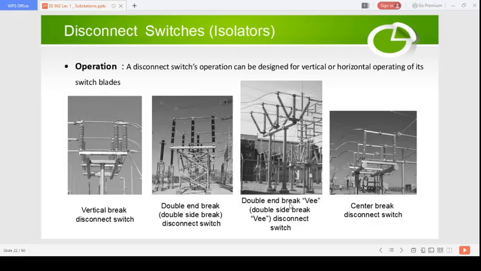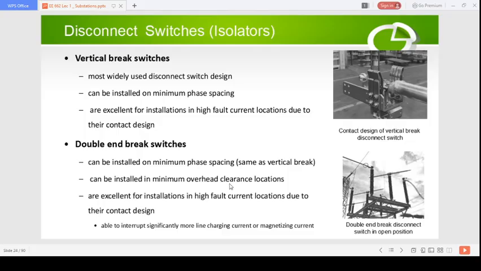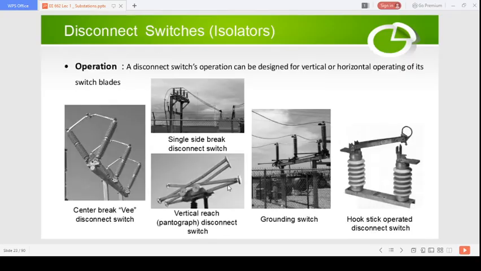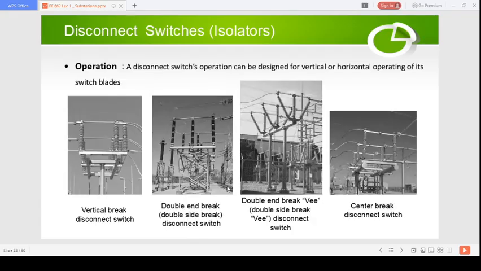Okay, and then you have this double lane brake V type disconnect switch. Let me see whether I have, yeah, I have a description, so I will just show you the visuals and photos of this, and then we will talk about this operation in a little bit more detail later.